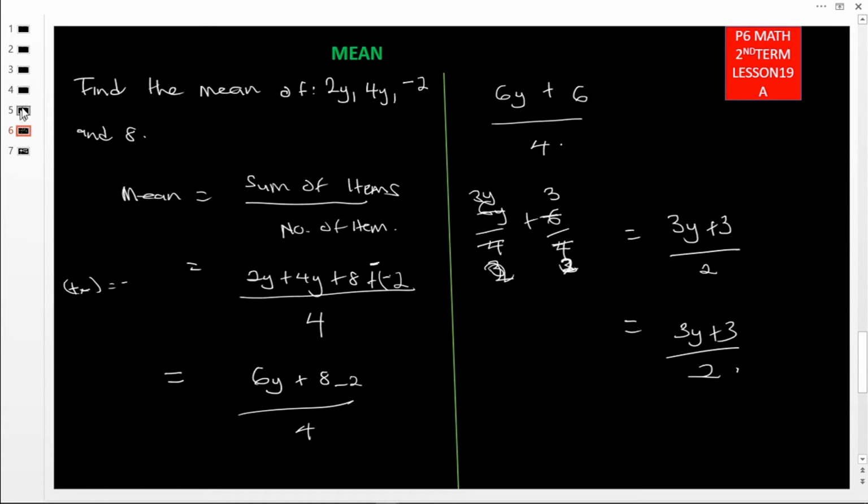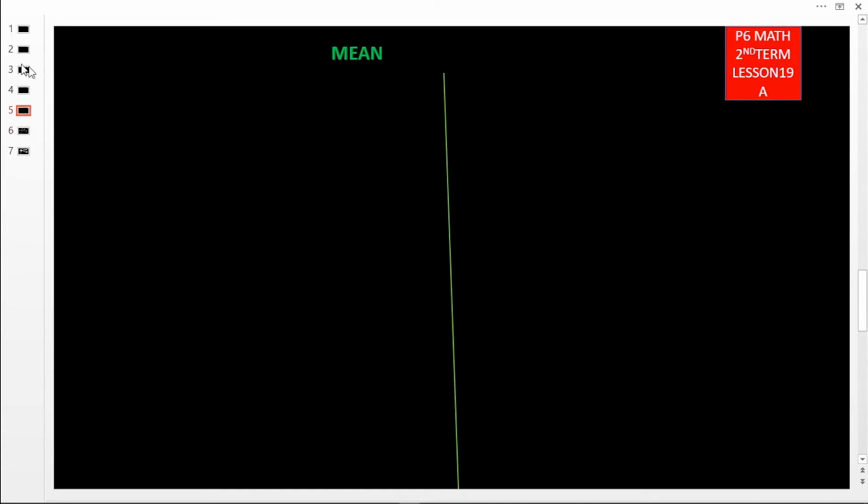Okay, let us look at another example. So this one is saying find the mean, find the average. Let us reduce the thickness.